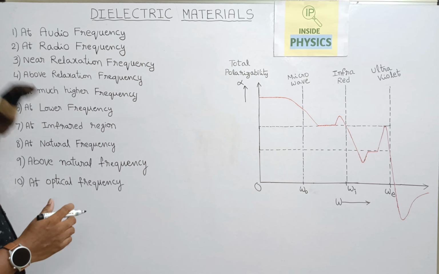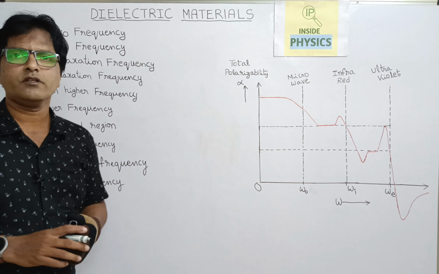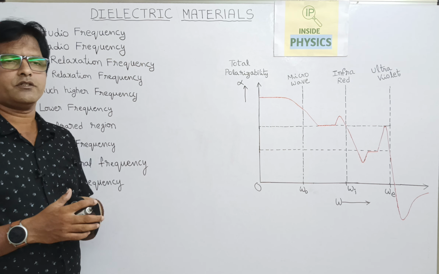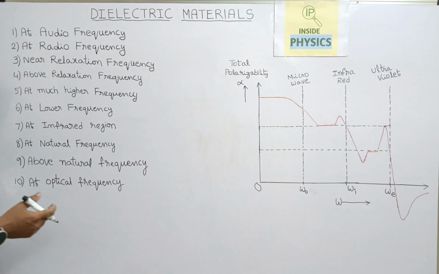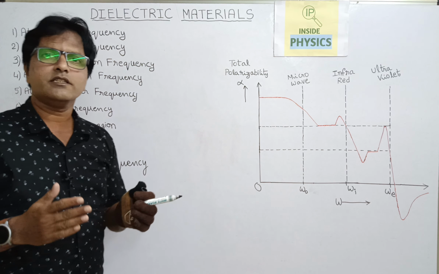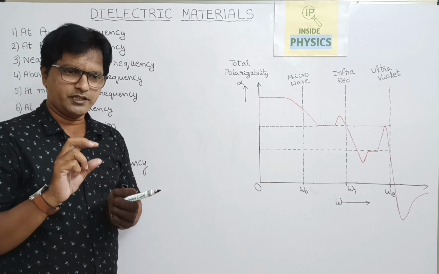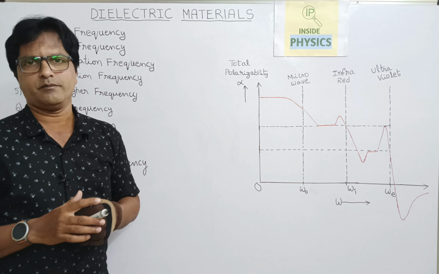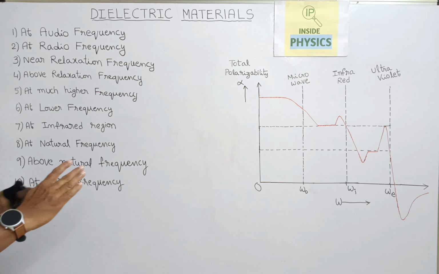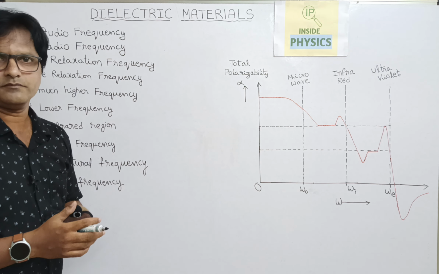So there is no power loss here. When every dipole is coming into the direction of the applied field, the relaxation frequency is nothing but the frequency matching the frequency of orientation of the dipoles.